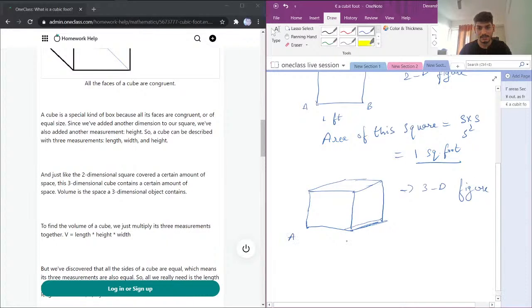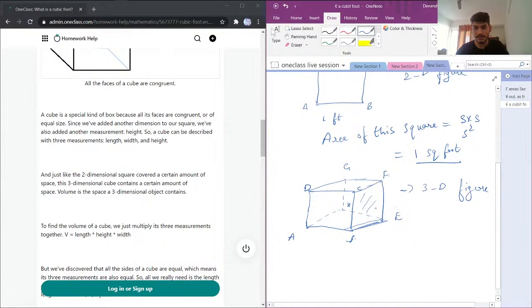Again, we had this A, B, C, D. Then we have a few extra vertices, so we'll write them as E, F, G, and this one is H. So we have A, B, C, D, then we have E, F, G, H. I'll just color this face with red.